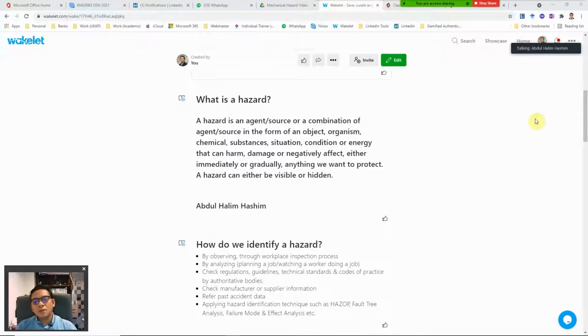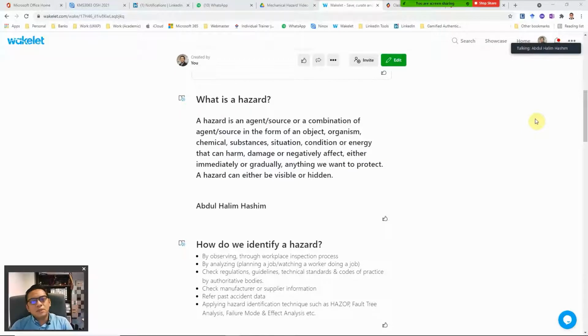So in my definition, it is extended, not just harm to people, but also damage to things or assets, or negatively affect. Might be using other words than harm or damage. It might be injury or poisoning, or destroying, whatever it is. So it is an extended and more in-depth definition of what is a hazard.